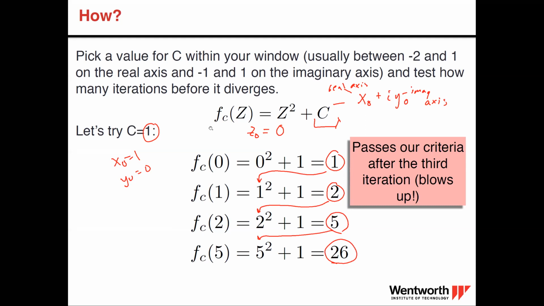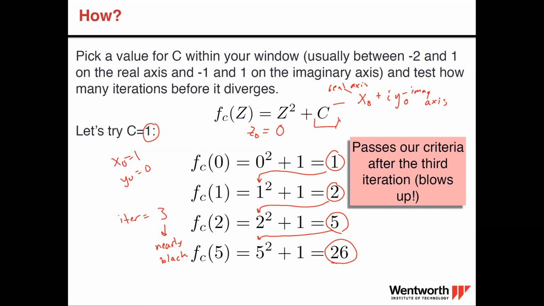So here I would record a number of iterations for this particular test equal to 3. In grayscale, 3 is nearly black. It's a very dark pixel. So when C is 1, I expect to see a black pixel.